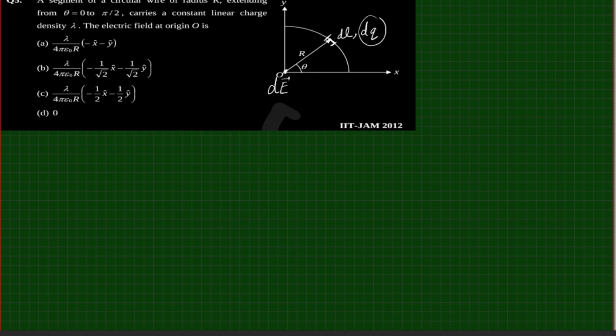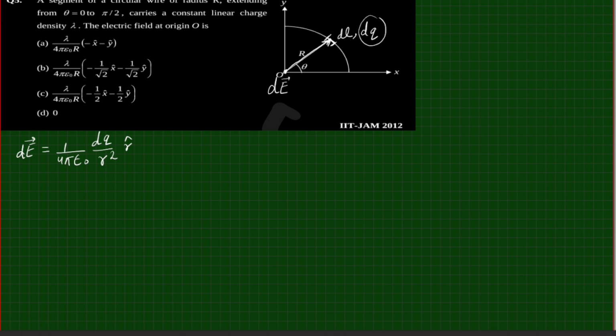Okay, and dE we can write from Coulomb's law, that is given by 1 over 4 pi epsilon naught, dq over r square and r cap. Okay, and r cap is from origin to source.